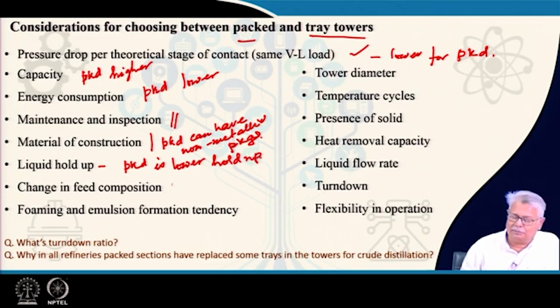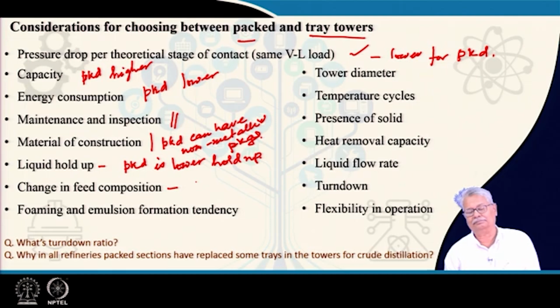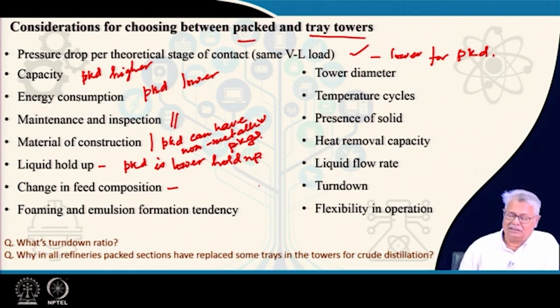Regarding change in feed composition, here the tray towers win, because if you are really to provide multiple feed points, it is much easier to do during the design and the construction in case of tray towers, whereas it is relatively more expensive and difficult to do in case of packed towers, because for every feed section in the vapor liquid contacting tower, you have to have a distributor and similar details, which is not so in case of tray towers.